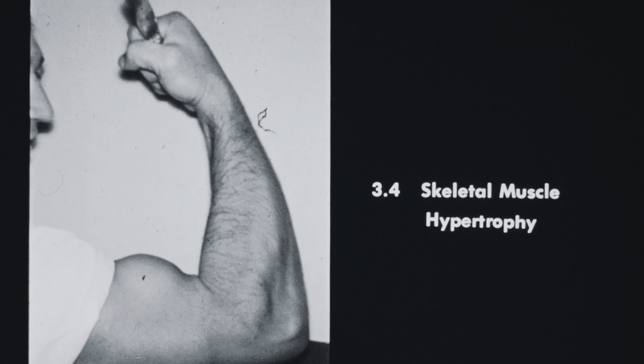For example, skeletal muscle will enlarge or hypertrophy as a result of exercise. Heart muscle will hypertrophy or enlarge in persons who have high blood pressure.